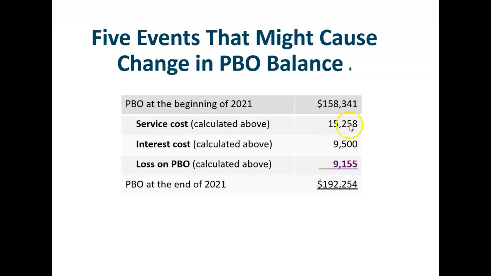It's still $15,258, and we added the 2021 interest cost, which also has not changed. It's still $9,500, but now we add a loss on PBO that we just calculated of $9,155, which causes the PBO balance at the end of 2021 to be $192,254.